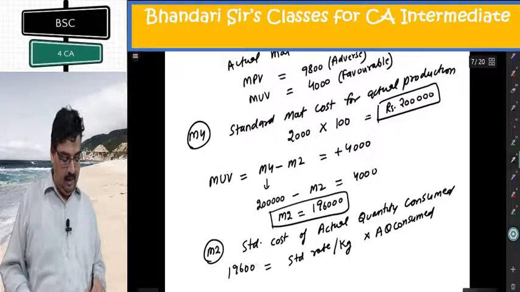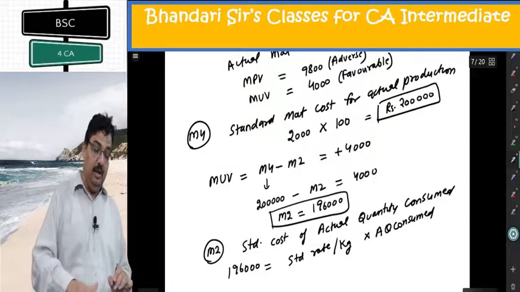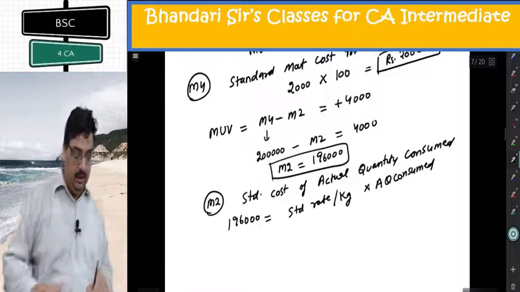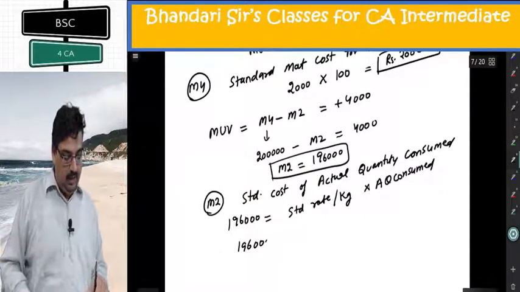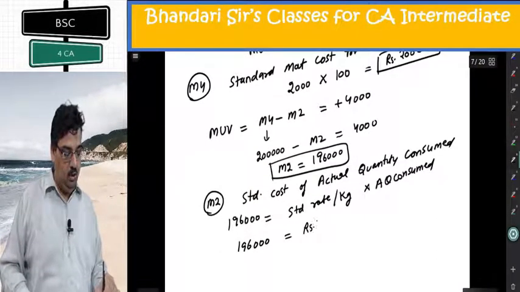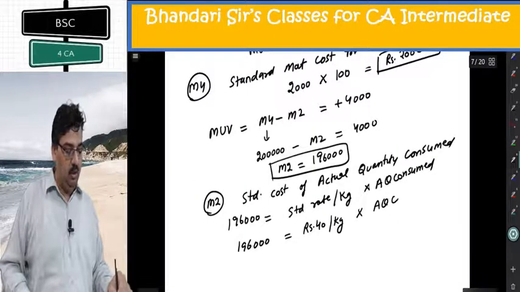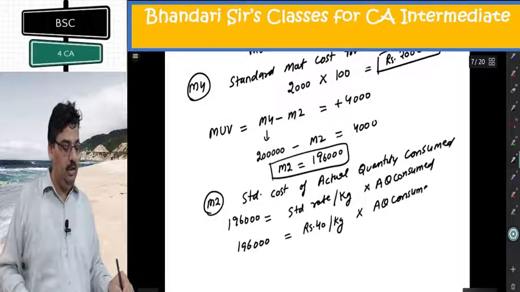This is 1,96,000. Standard rate per kg was given 40 rupees per kg. 1,96,000 is equal to rupees 40 per kg multiplied by actual quantity consumed in kgs.